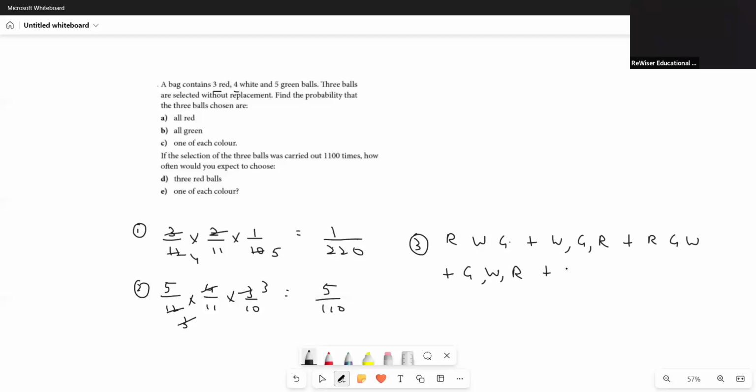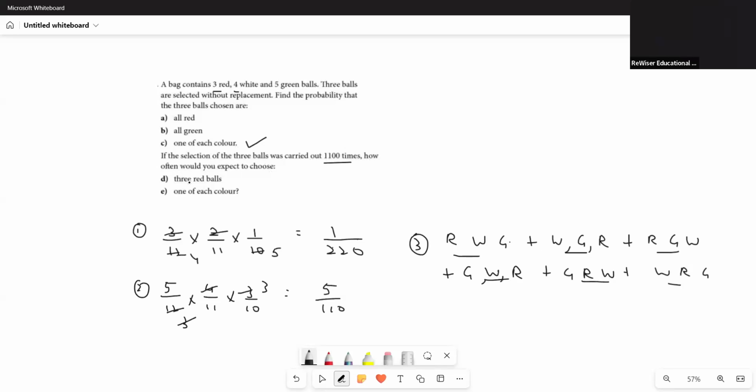It can be green, red, white, or it can be white, red, green. So we have to find the probability of all these 6 cases and add them for 1 for each color.